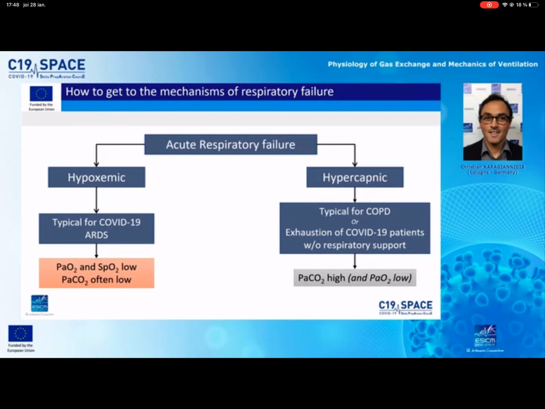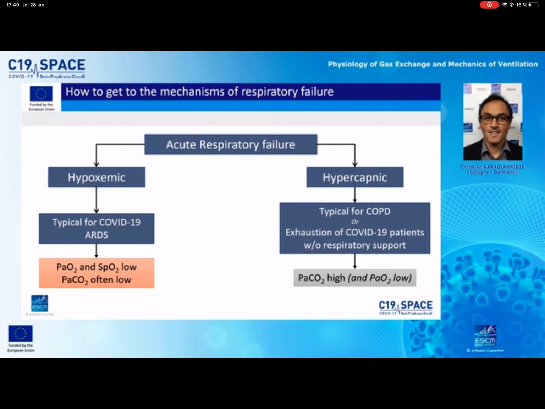So how do you get now to the mechanism of respiratory failure in your patient? So if the patient presents with an acute respiratory failure, I guess you have first to decide if it's a hypoxemic or hypercapnic respiratory failure. Hypoxemic respiratory failure is very typical for COVID-19 patients, and they usually have a low PaO2 and a low saturation, and CO2 is often in the beginning low due to hyperventilation.